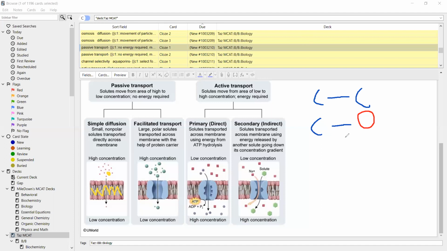When that happens, we can draw an arrow like this. That arrow represents that this is a polar bond because the electrons are more distributed towards this side, rather than in this case where the electrons are even.